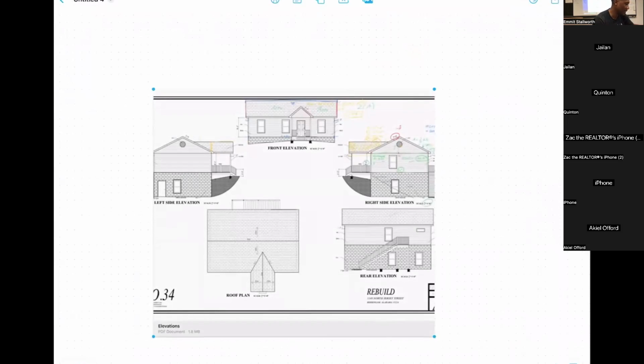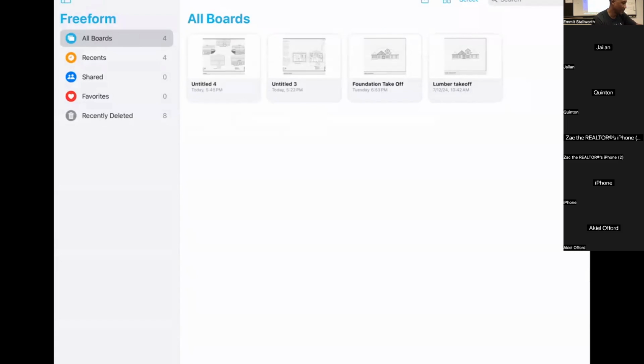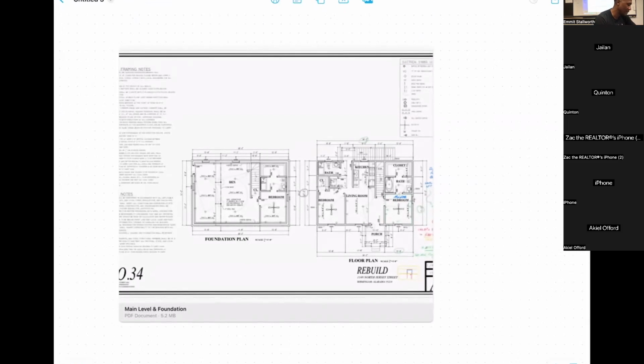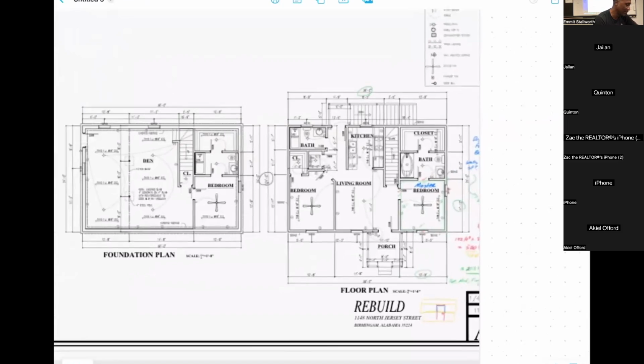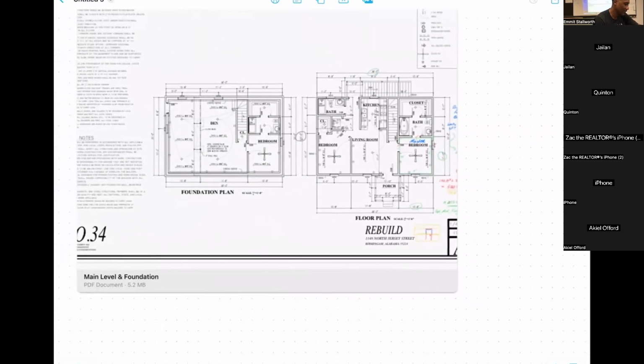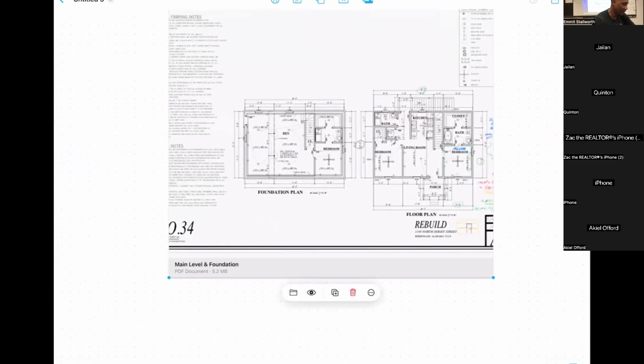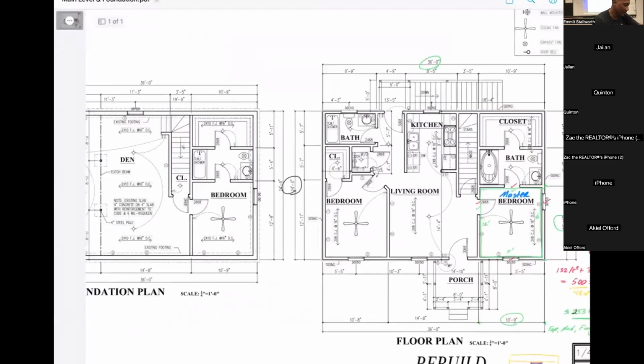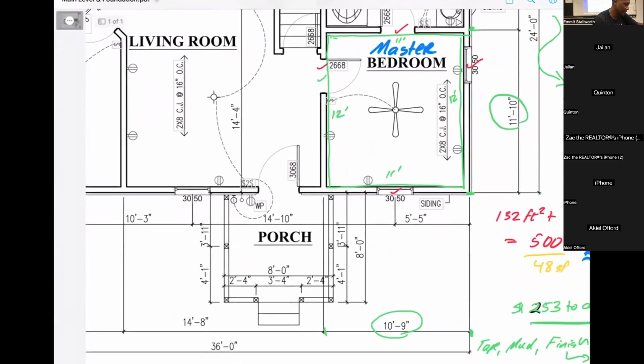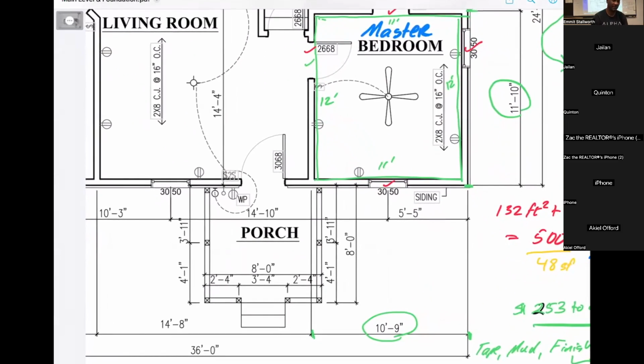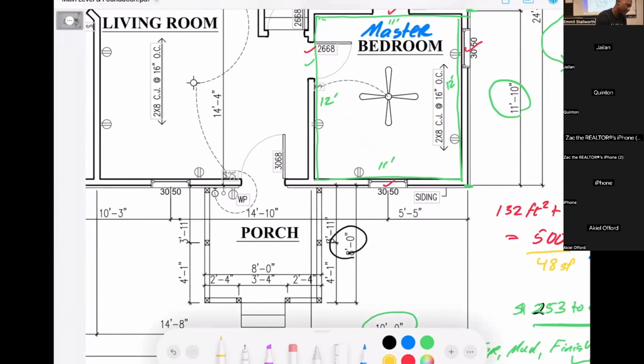Let me go back to my other thing right here, and I may need y'all to help me pull these numbers. It's right here. There we go. 8 feet. Right there. Uh-oh. Used the wrong one.